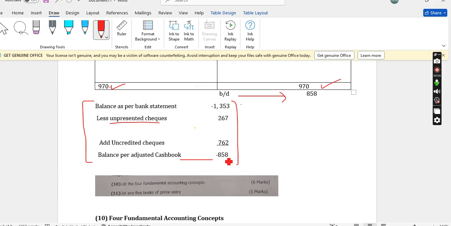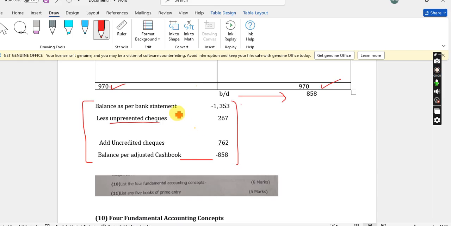So maybe if in the question we're given the balance as the adjusted cash book, we are going to use it. Or when do we use this one? It's up to you to choose, unless the question states otherwise and tells you to start with this balance. But if the question is silent, it's up to you to choose.